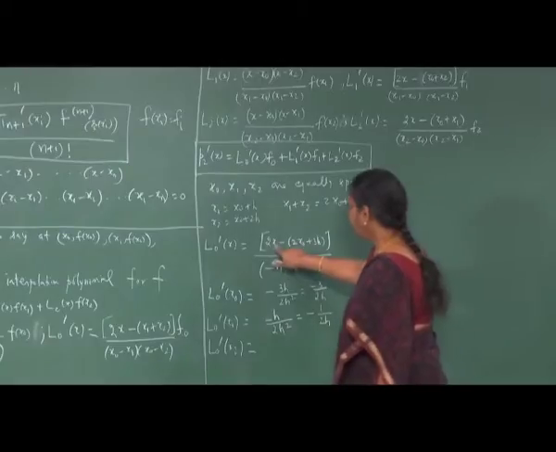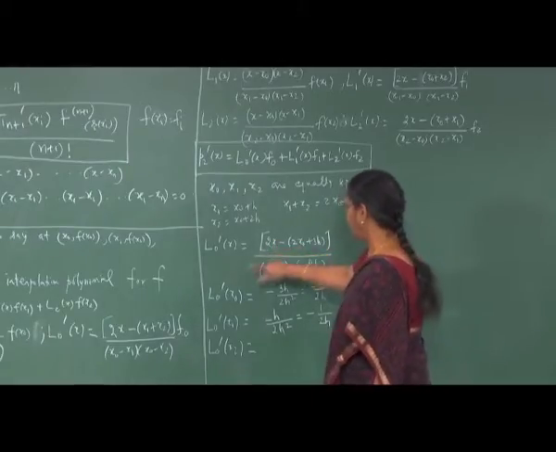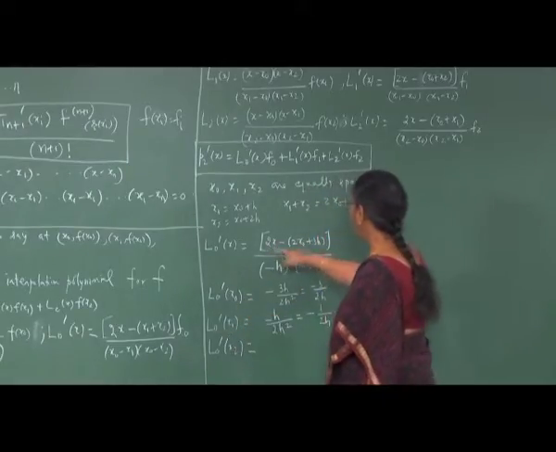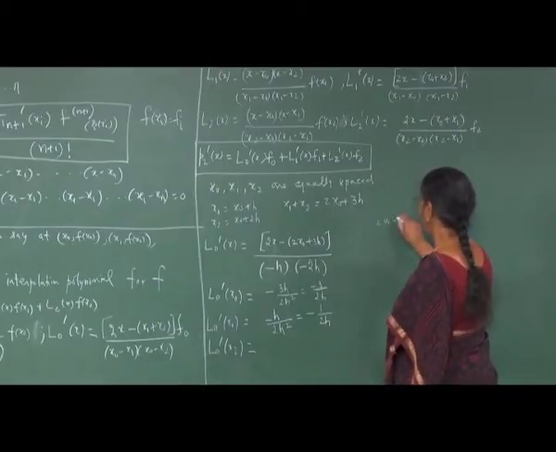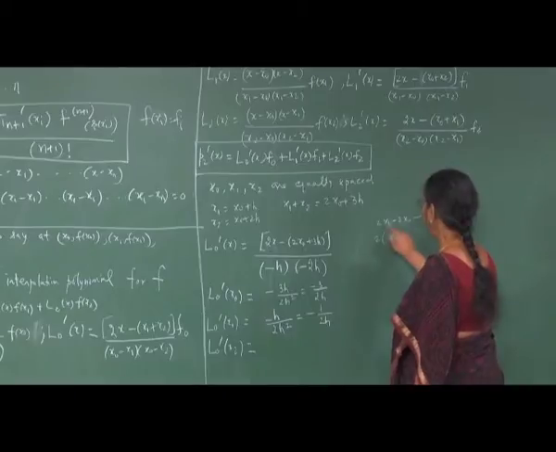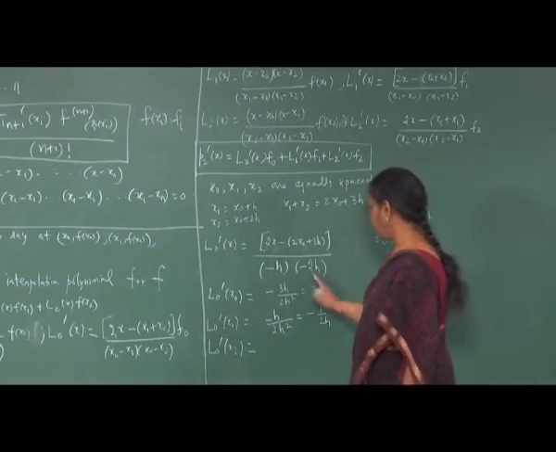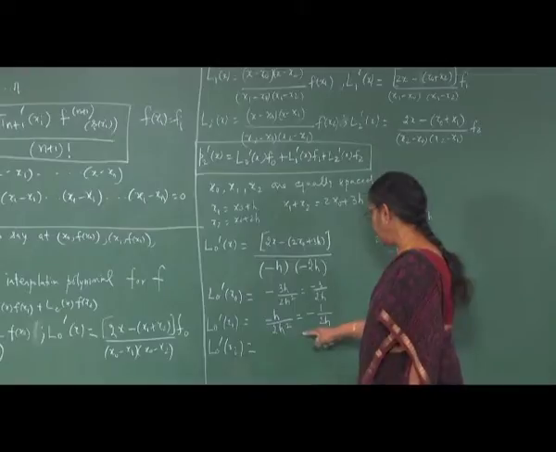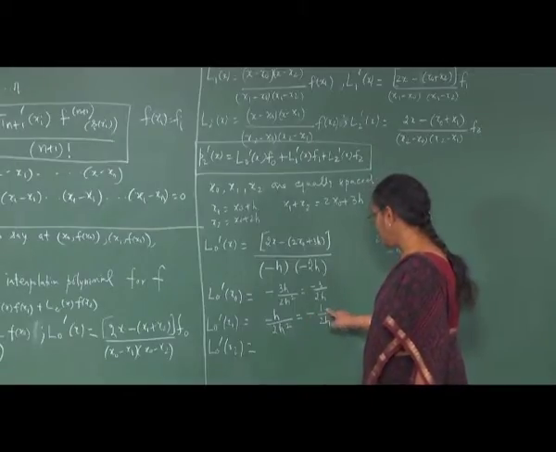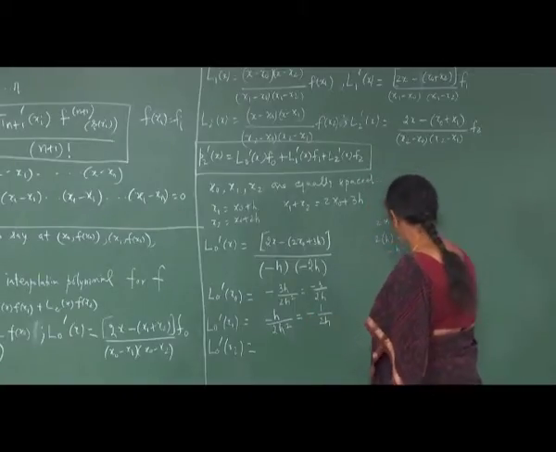All right. At x equal to x1, I require L0 dashed of x1. So, this is 2x1 minus 2x0 minus 3h. So, it is 2 into x1 minus x0 minus 3h. So, the numerator is minus h, the denominator is 2h square and so you will be left with minus 1 by 2h. Fine.